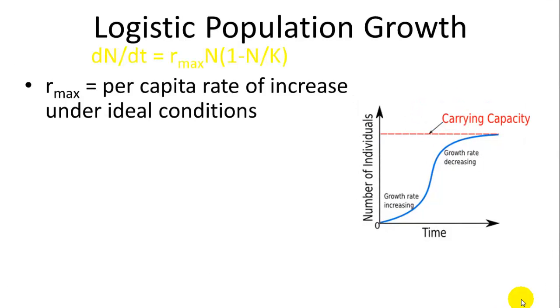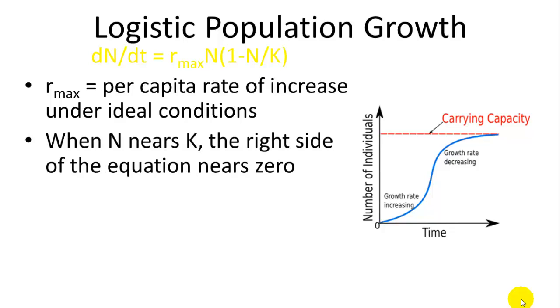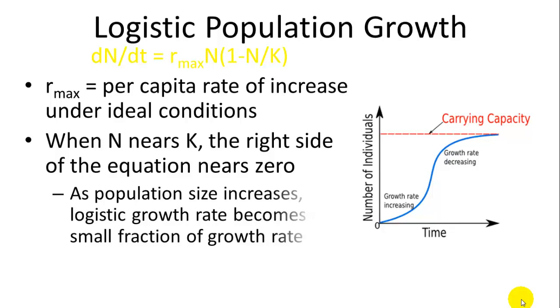Alright, so the equation: r max is the per capita rate of increase under ideal conditions, so that's basically the exponential growth rate. As the population nears K, the right side of the equation starts to near 0. So that means the rate of increase will also decrease. As population size increases, the logistic growth rate becomes a small fraction of the growth rate.